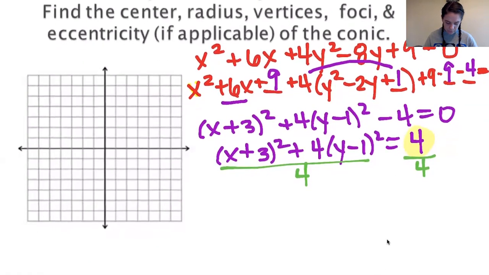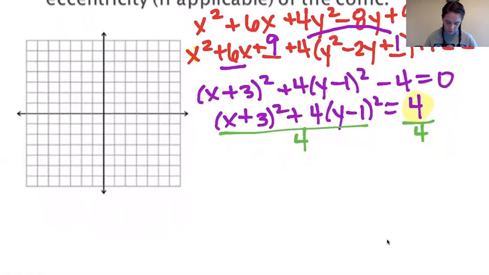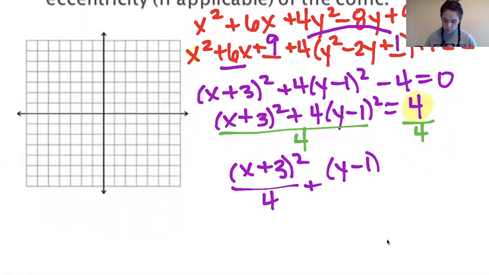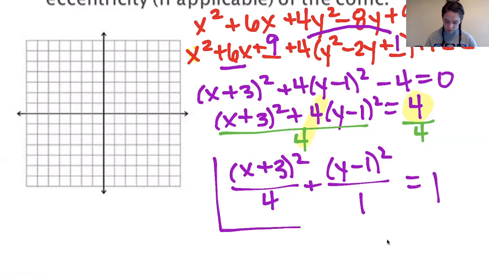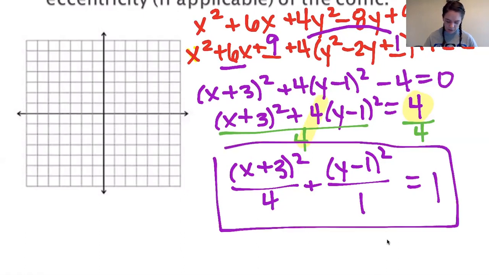So we have x plus 3, the quantity squared over 4, plus y minus 1, the quantity squared over 1, because we have that 4 over 4 right there, equals 1. And here, ladies and gentlemen, is the standard form for our ellipse.